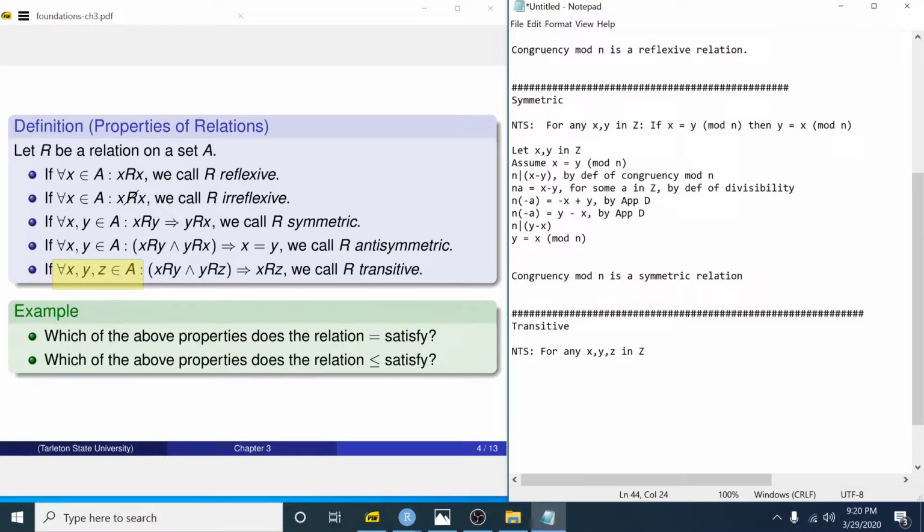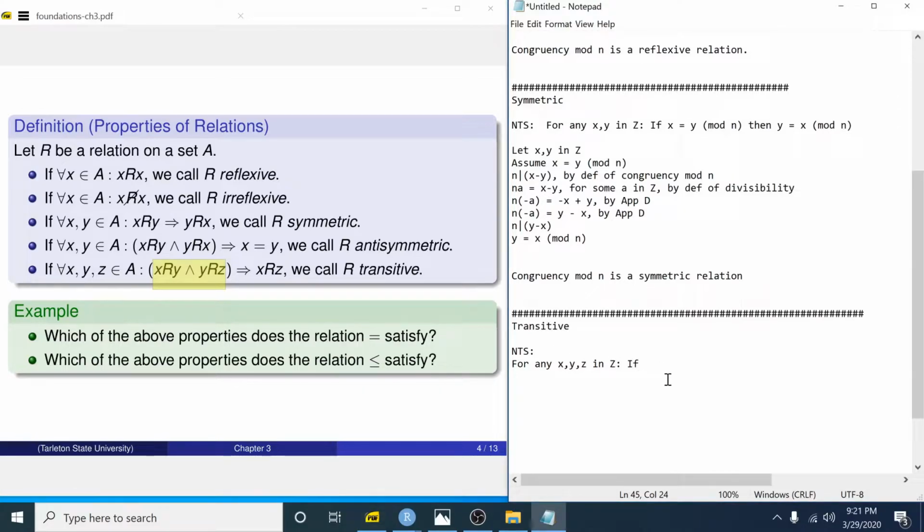For any x, y, z in the integers. Let me bump this down here. So for any x, y, z in the integers, we need to show that if this condition holds, then this condition will hold. So we need to say if x is related to y and y is related to z.